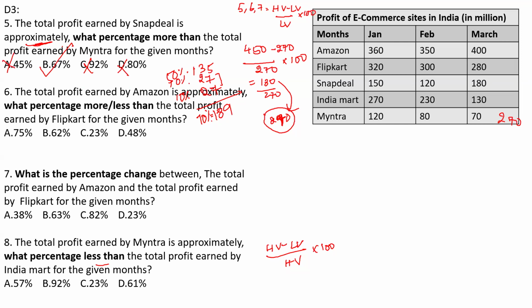In your mind itself, you can calculate instead of manually doing 180 divided by 270 and multiplying by 100. Just try to do it in a very smart way. From this 270, what is 180? You just calculate 50%, 10%, and you can add on like that. By looking at the answers itself, you can see it. I hope, tell me, for the fifth question, this method is easy, right?